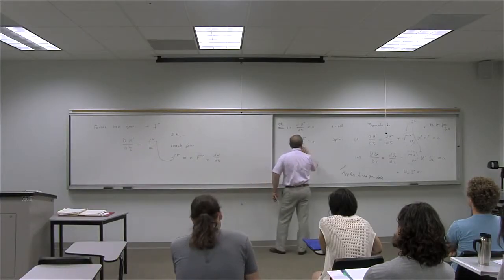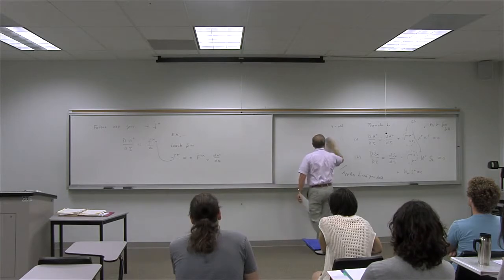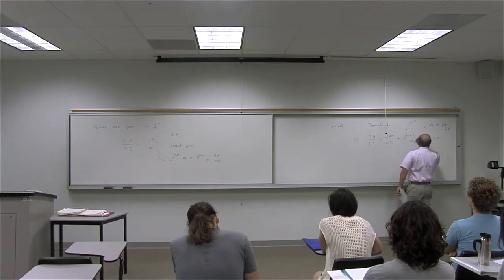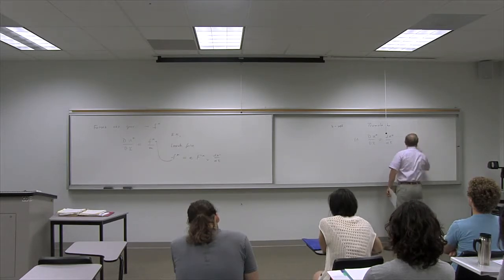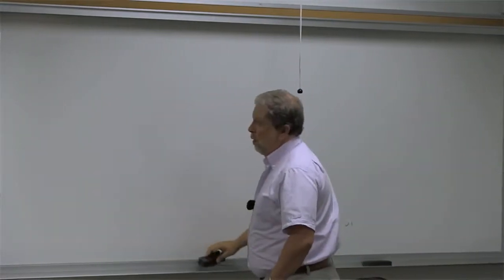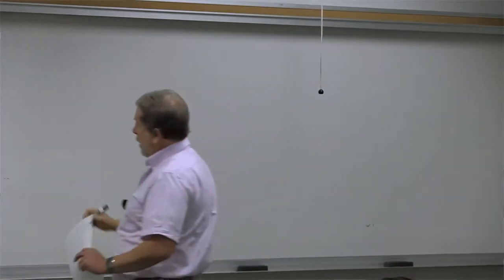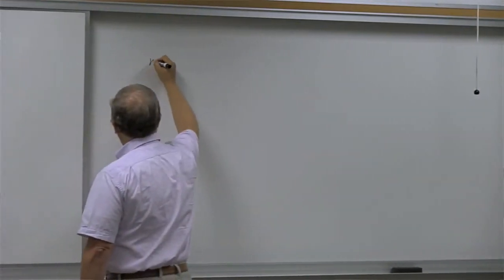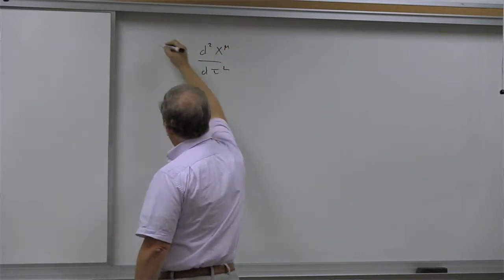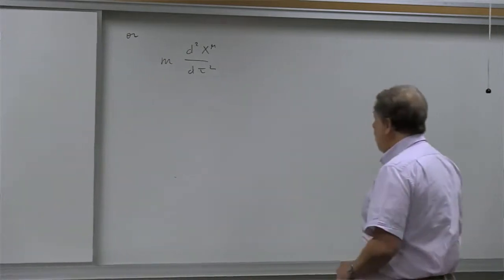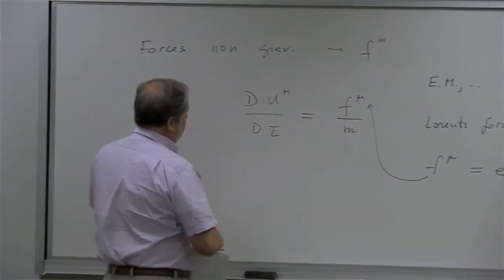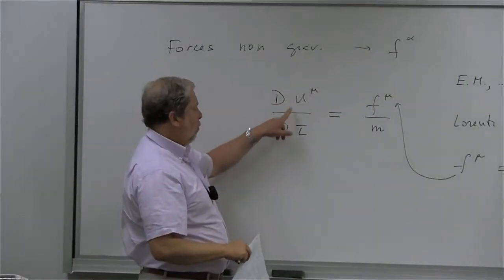And in fact, we can write this out in the following form. We can write this, bringing the mass over to the other side, as the second derivative of x mu with respect to tau squared, right? Equivalent form, right? So that's just the ordinary derivative of the 4-velocity with respect to tau.